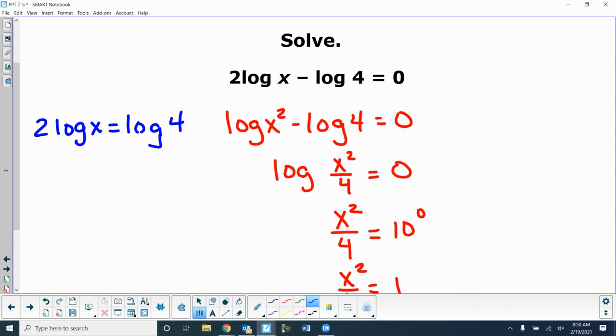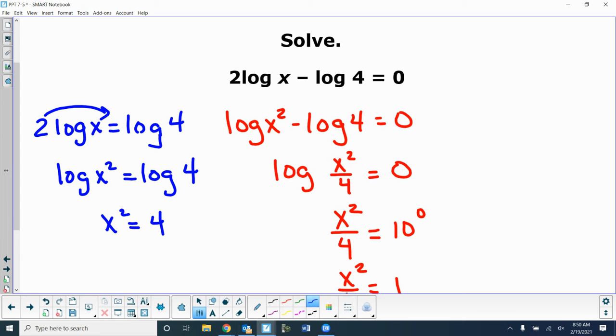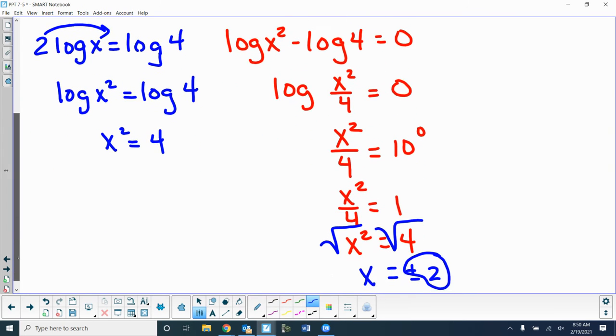What can I do with that 2 like I did over here? Put it there, right? So I got log of x squared equals log of 4. If the log of this is equal to the log of that, what must be true about those 2 things? They're equal. So we're right here again.